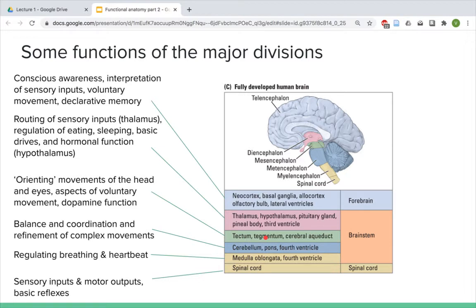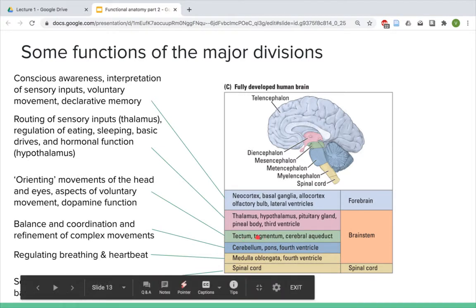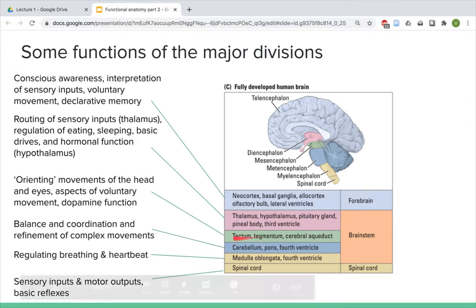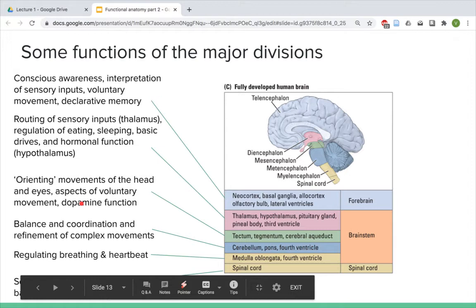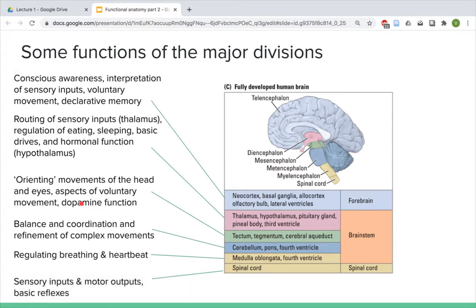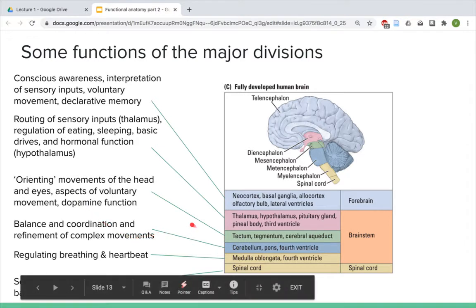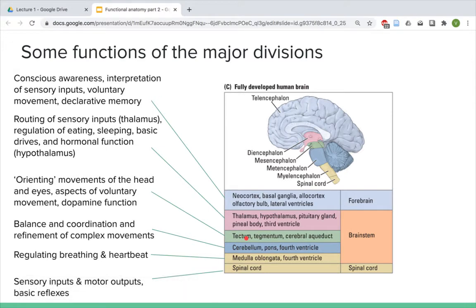A lot of those movements are governed by structures in the midbrain. But in addition to that, the midbrain also contains a large number of dopamine neurons. Dopamine has many, many different functions all throughout the brain. So again, this is a part of the brain that contains many different subparts with different functions.